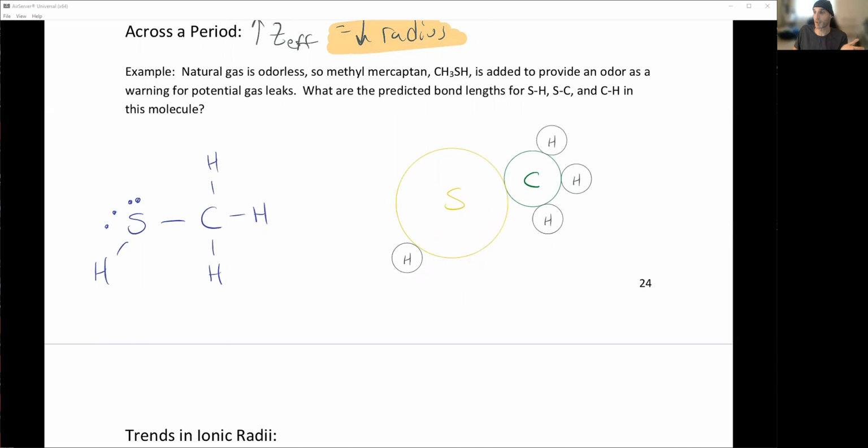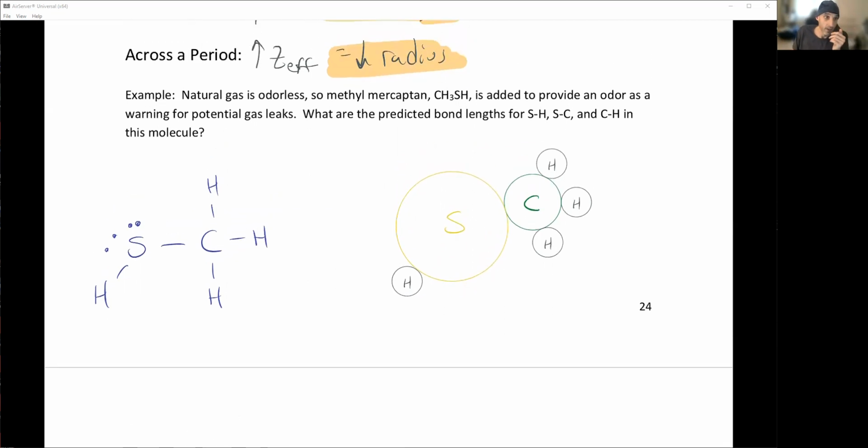Okay, so this is what it looks like just in terms of radii. And what we do know is the distances between these things. So if I take the center of each of these, I'm going to connect them together with lines, because these are the bonds that we're seeing.